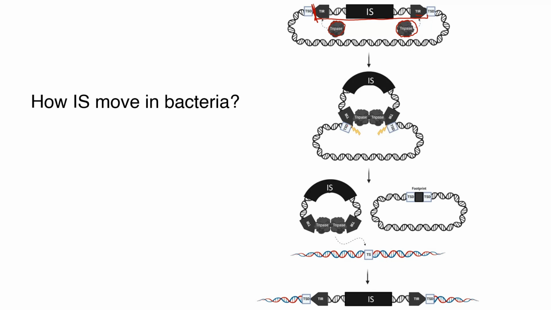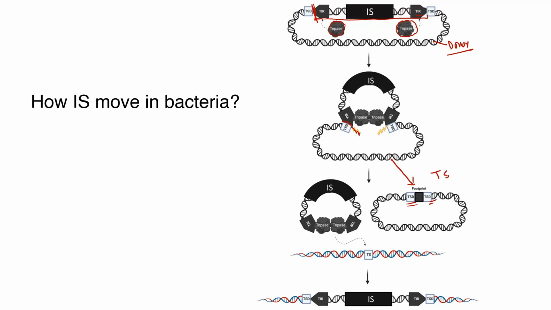Cutting occurs here at the TIRs. This is the donor DNA, because it contributes the insertional sequence or transposable element. This donor DNA has this footprint of TSDs.